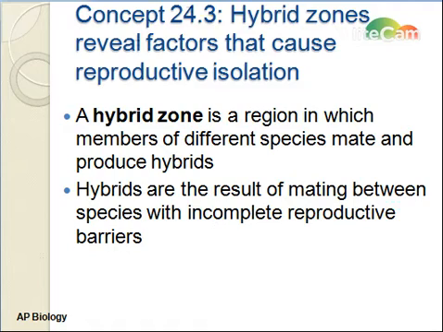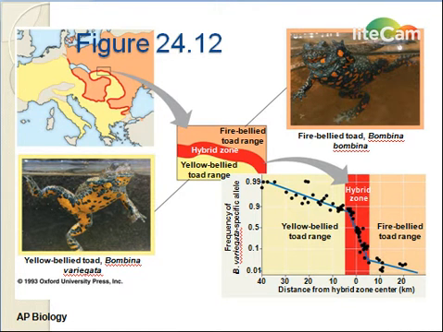Most often, those hybrids do have reduced fitness compared to the parent species. And the distribution of the hybrid zones can be more complex if the parent species are found in patches within the same region. What this looks like, this is a picture of the interaction between some toads in Europe. We have these yellow-bellied toads and fire-bellied toads.